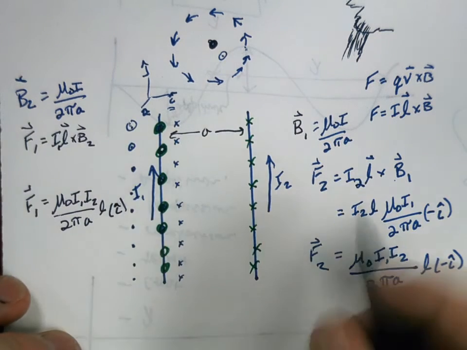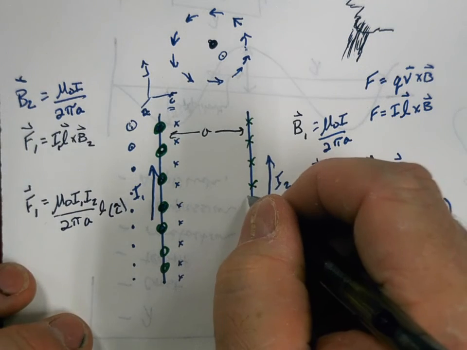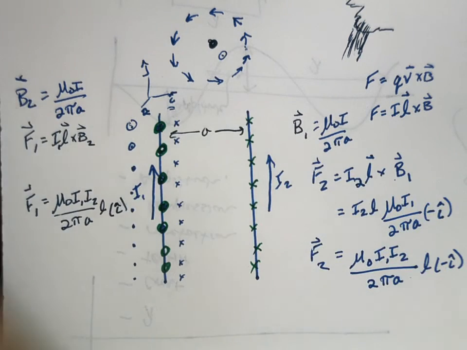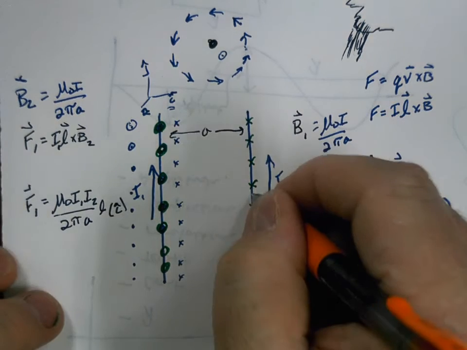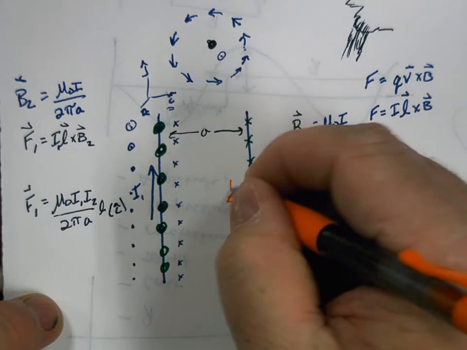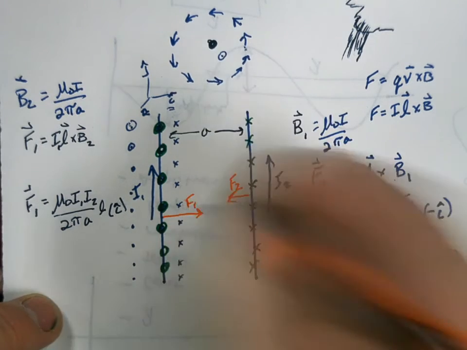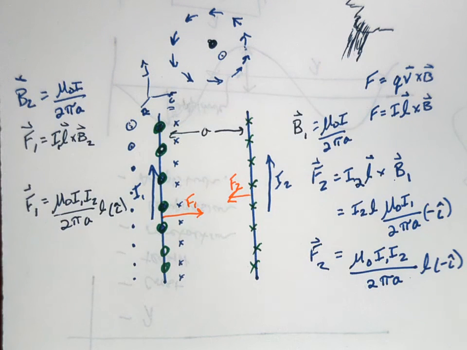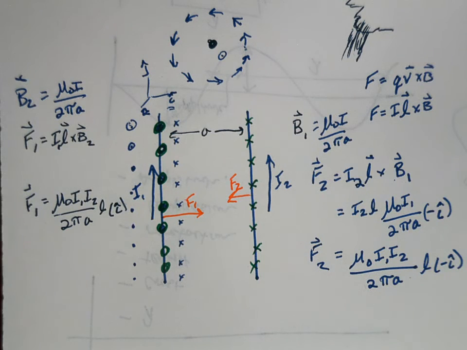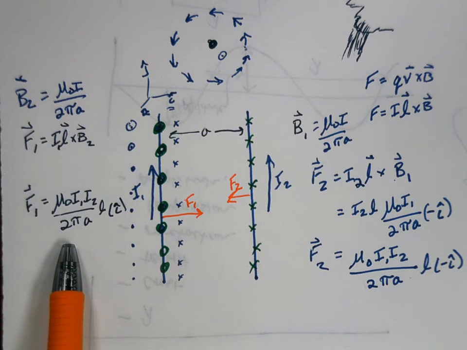Okay, so this one is going to feel a force. F1 and F2, despite my arrows to the contrary, are equal and opposite. Shouldn't they be? Because the force on 1 cancels the other.